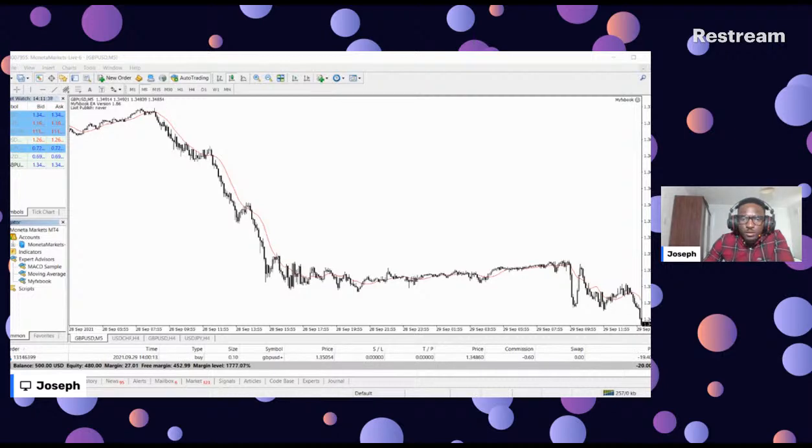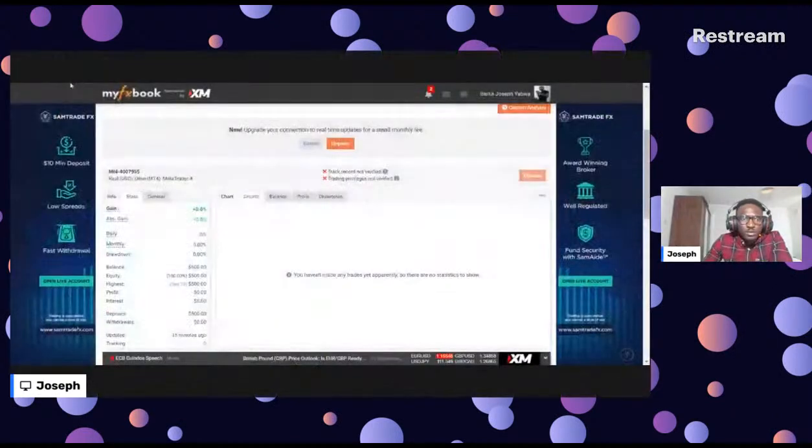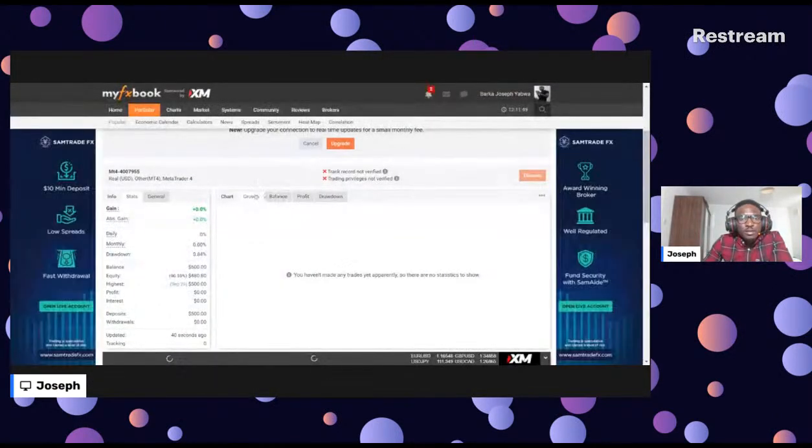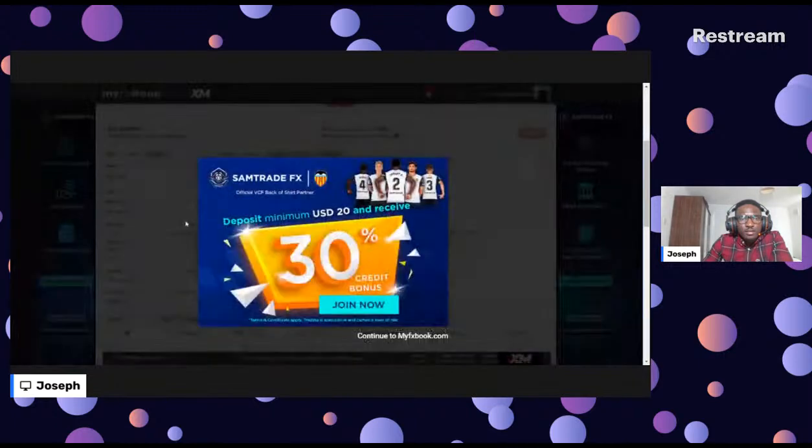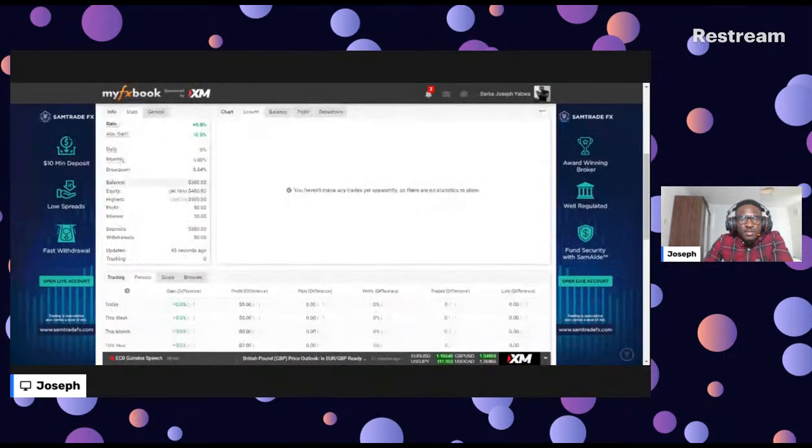Let's go back to the Myfxbook and see if this has been updated. Hopefully this has been updated on the Myfxbook account to show the trade that we just placed. No, it hasn't. Oh yeah, it has, because straight away you can see that we're in a drawdown of about 3.5%.